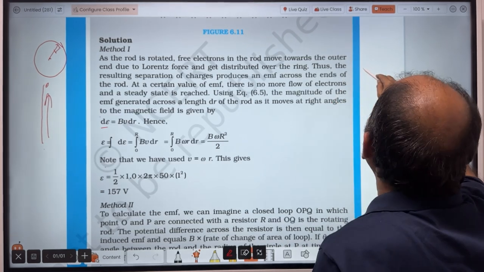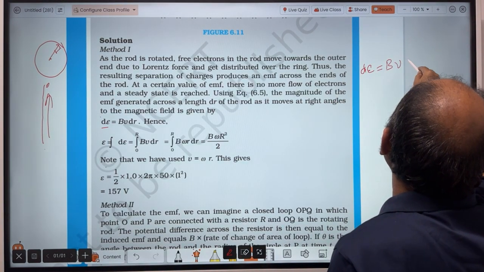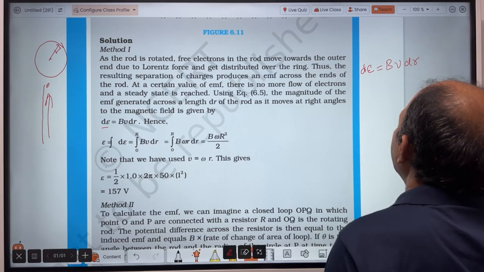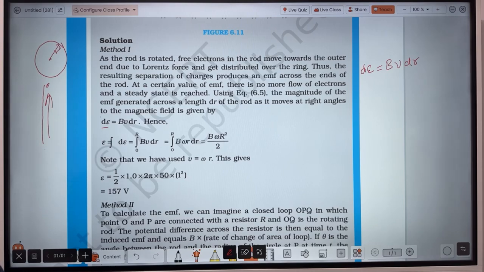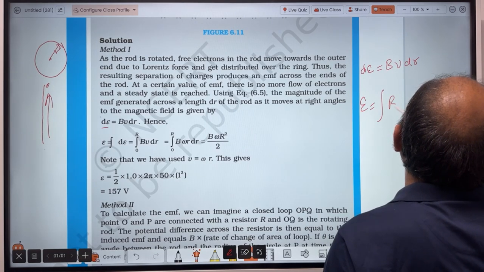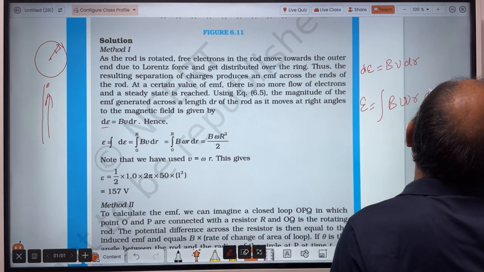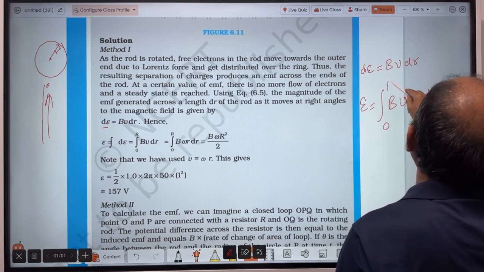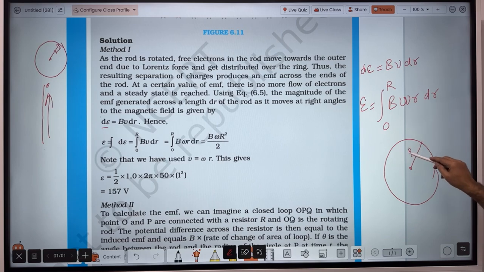Then we can put V equal to r omega, and E equals the integration of B V dr, where V can be written as r omega, and we put the limits 0 to R, because the rod is fixed at this point and the radius is R, and this is rotating like this, right?